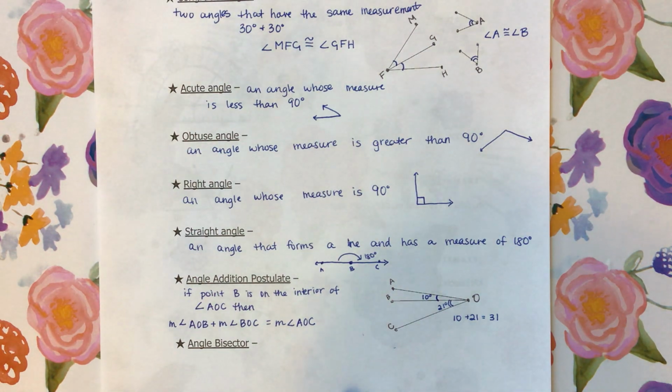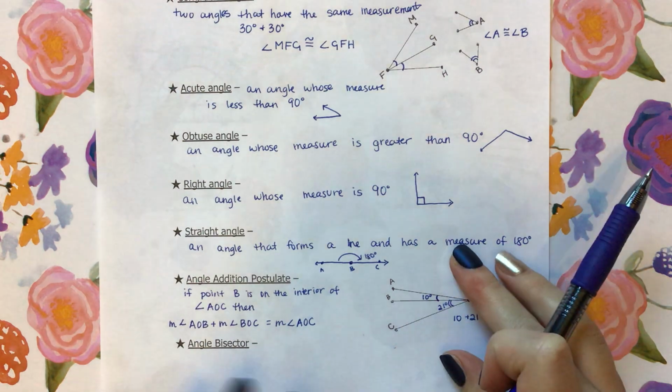We also talked about things that bisect, midpoints, bisectors, things like that. So angles are able to be bisected as well.